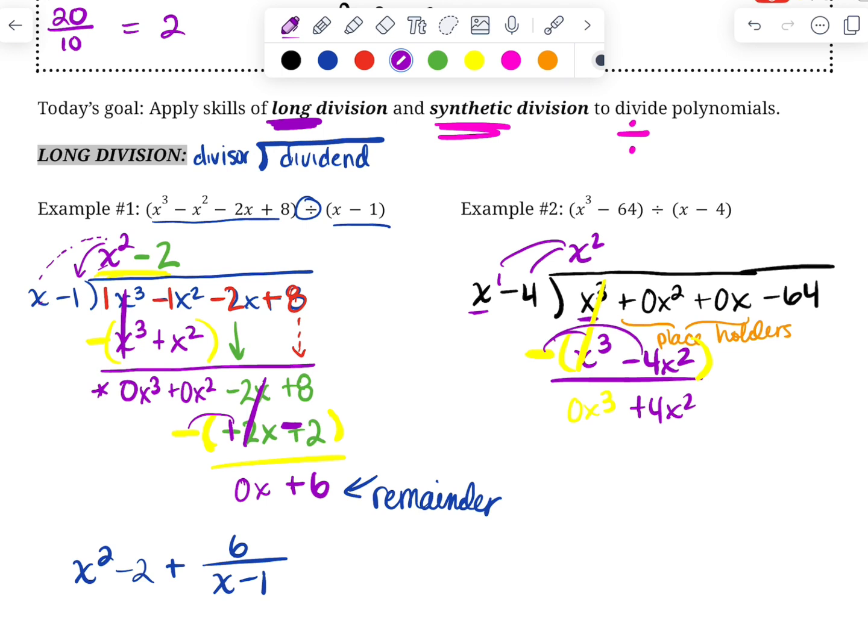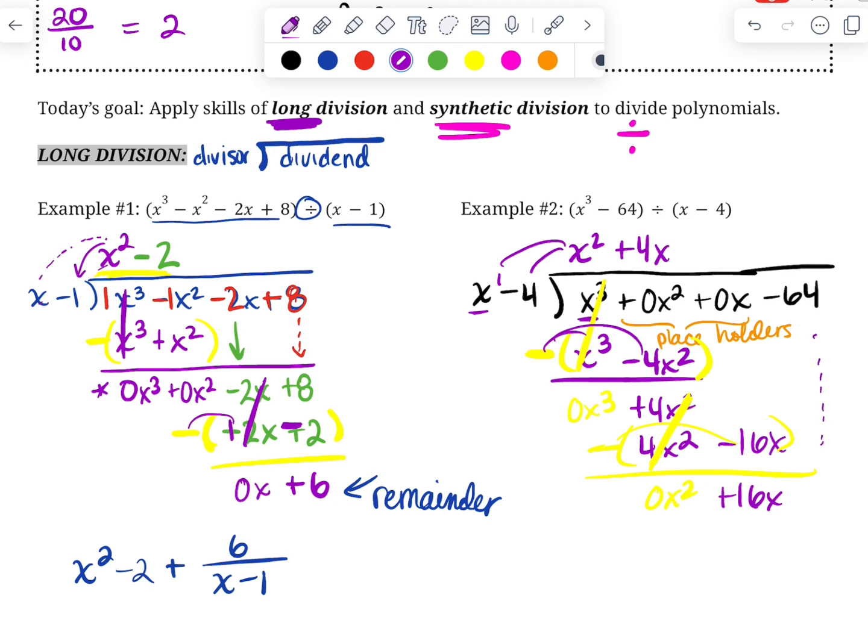All right, what could I multiply x by so that I get 4x squared? Well, 4 and an x. So I get 4x squared minus 16x. Again, I'm subtracting everything, so those first two terms are gone. And then I distribute, so I end up getting positive 16x.